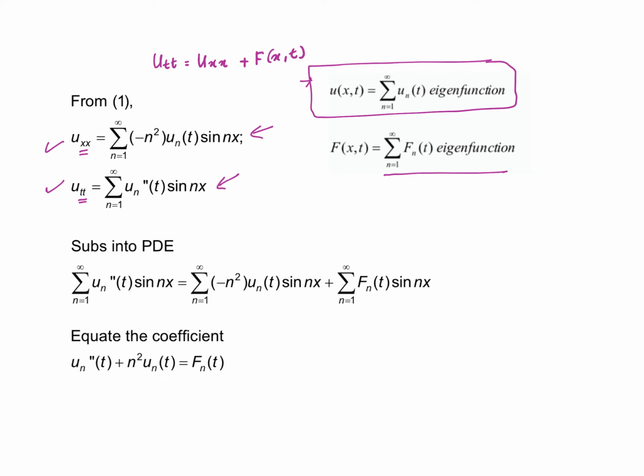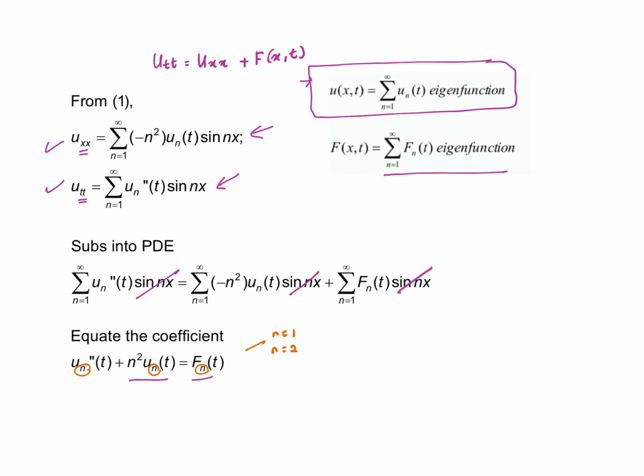And then we just equate the coefficient of sin(nx). Then we will be left with u_n double prime(t) plus n squared u_n(t) equal to f_n(t). After we equate the coefficient, we need to substitute the value of n that we got before. So we just do n equal to 1 and also n equal to 2. Okay, now let's do n equal to 1.